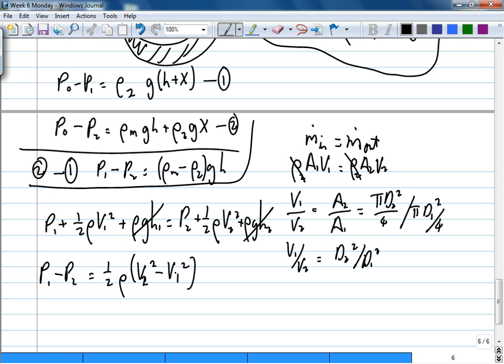Is that okay? I move the P2 over this side, move V1 over this side. You get this. All agree?